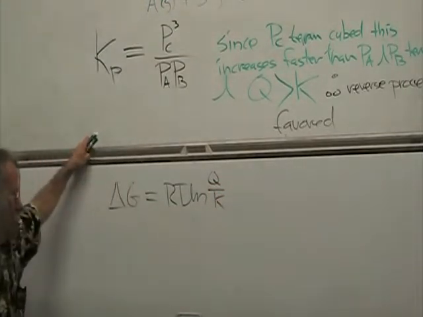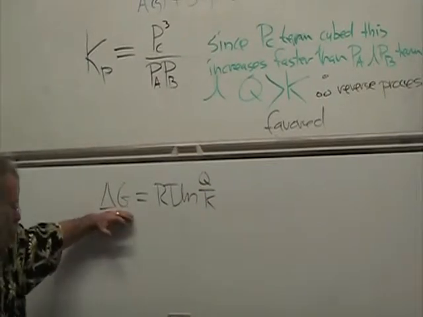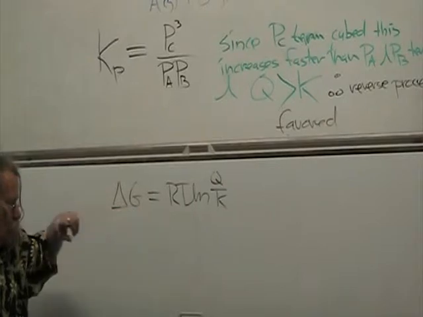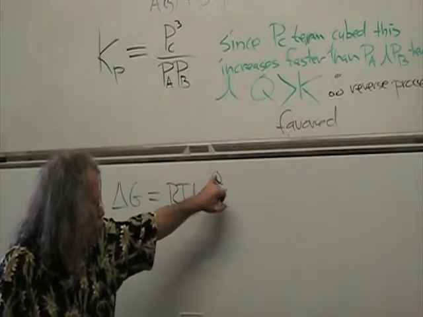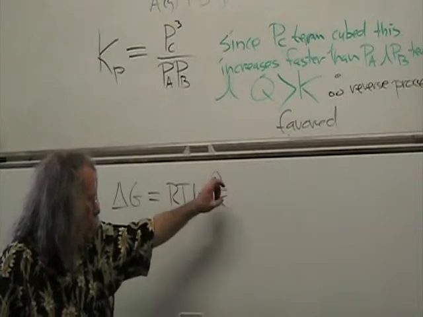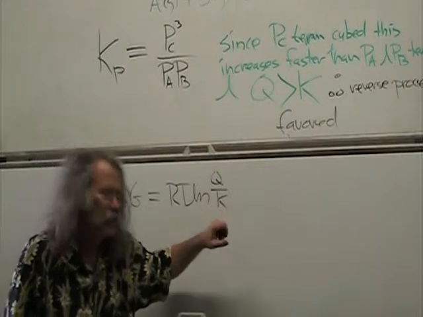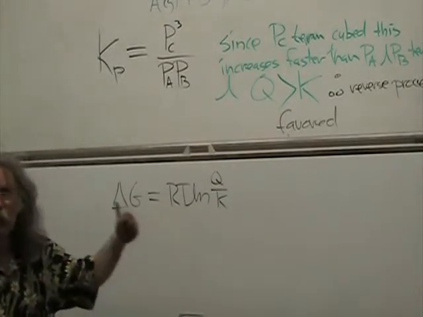And the condition for spontaneity is that delta G be less than 0. That's going to be true in this case. Q is greater than K, therefore this is going to be positive. And so that means that delta G will be negative for the reverse process.